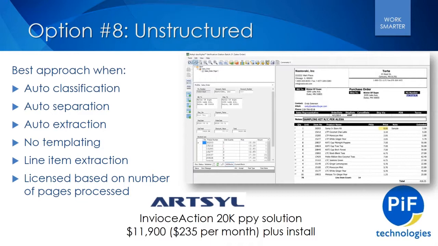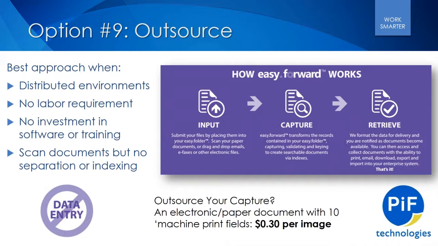Okay. All right, so the next thing is the unstructured, and I'm kind of running short on time here, but we're going to go into this in a demonstration. Basically, this is the ability to just auto everything. You just want to stick in a stack of papers, and the document system will classify, separate, extract all the data, and even line item information.